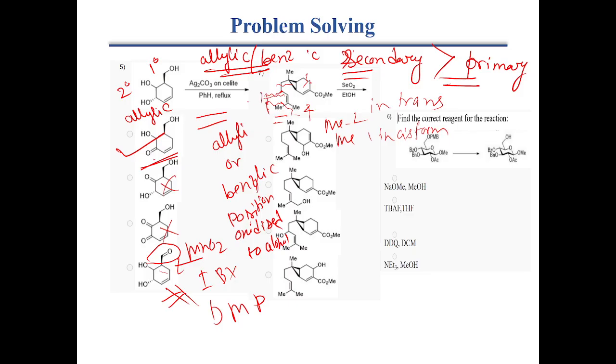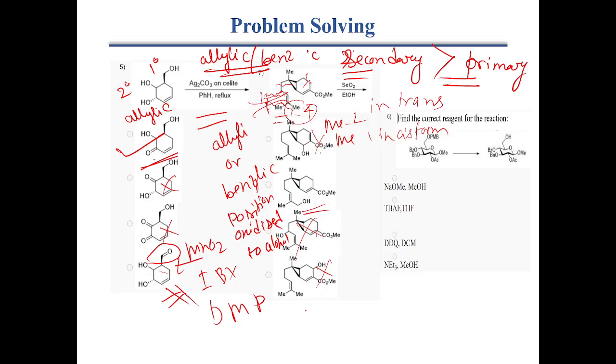This hydrogen and methyl steric hindrance is there. So that's why this is not sterically free, but this methyl is sterically free. That's why it is first oxidized in presence of selenium dioxide condition. So this will not happen, this is also not happening, so this is also not. So the trans methyl is oxidized to alcohol in presence of selenium dioxide condition, the allylic position is oxidized to alcohol.